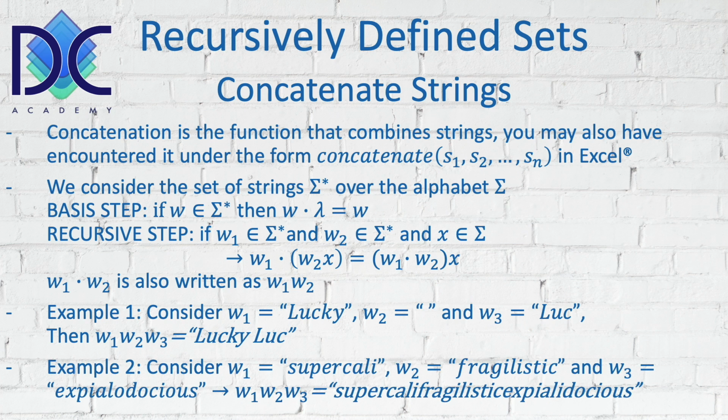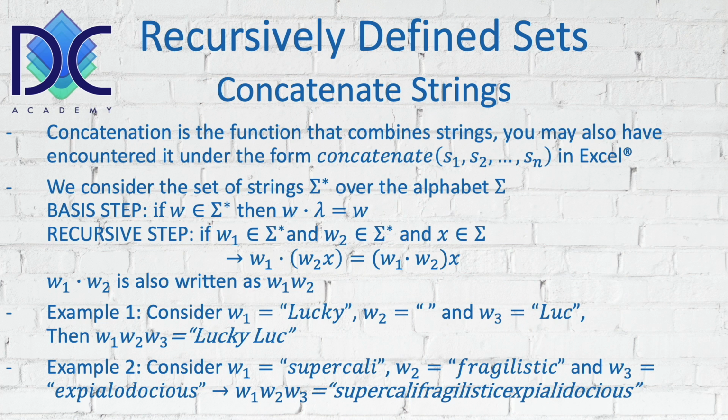Another example of concatenation would be w1 is super-cali, w2 is fragilistic, and w3 is expialidocious. And when we combine those three together, when we concatenate them, we find supercalifragilisticexpialidocious. Some of you may remember or may know that this comes from the movie Mary Poppins, which I think was produced in the 1960s.